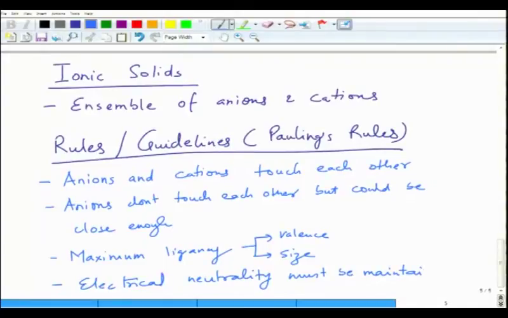This is very important. A solid cannot be electrically non-neutral, it has to be electrically neutral, which means the total positive charge must be equal to the total negative charge. That is a sacrosanct condition.